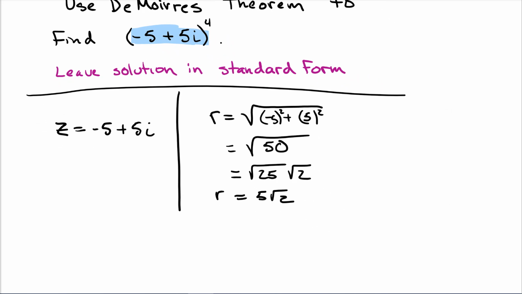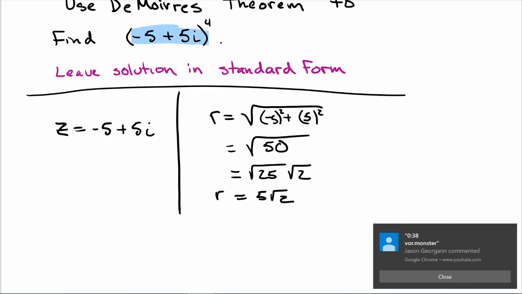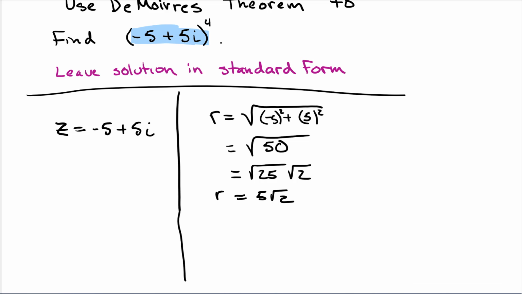But let's continue on. Now, the trickier part is we're going to have to go find that angle. So before we do, let's just do something real simple. Just make a little plus sign. You know your XY graph? So we're going to look and go, all right, we have a negative x, or a negative real portion, and we have a positive y, the imaginary portion.